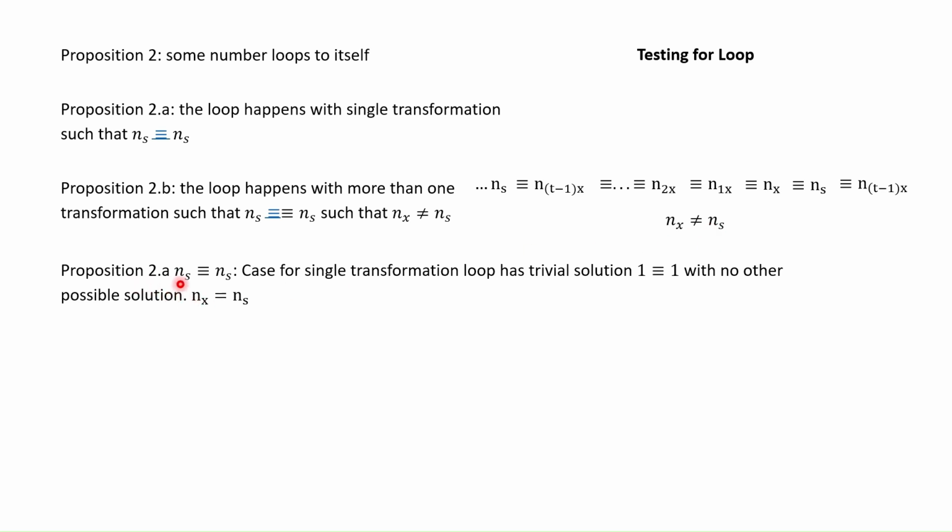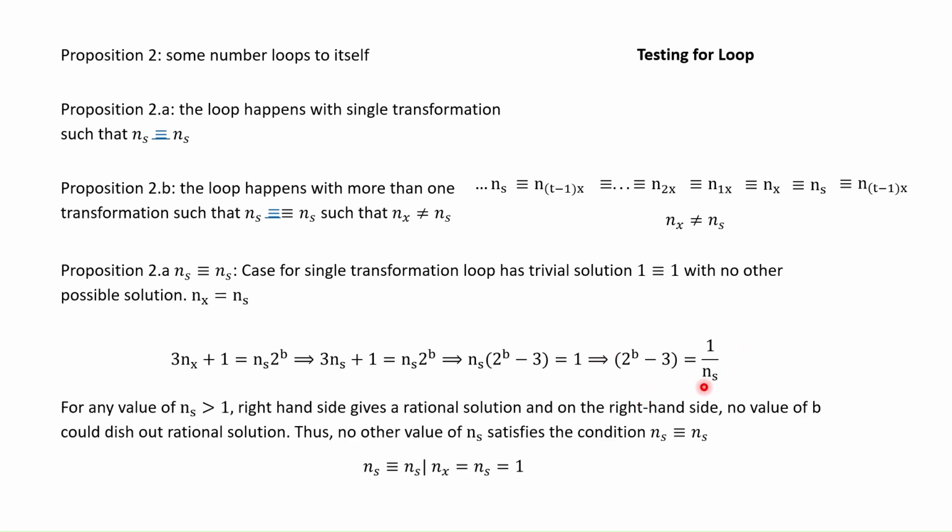Now proposition 2a, if we study this, we know that one of the trivial solutions is 1 transforms directly to 1. Now if we plug in the value nx is equal to ns, then we have this sort of an equation. So for any value of ns that is greater than 1, the right hand side will always give you some sort of a fraction.